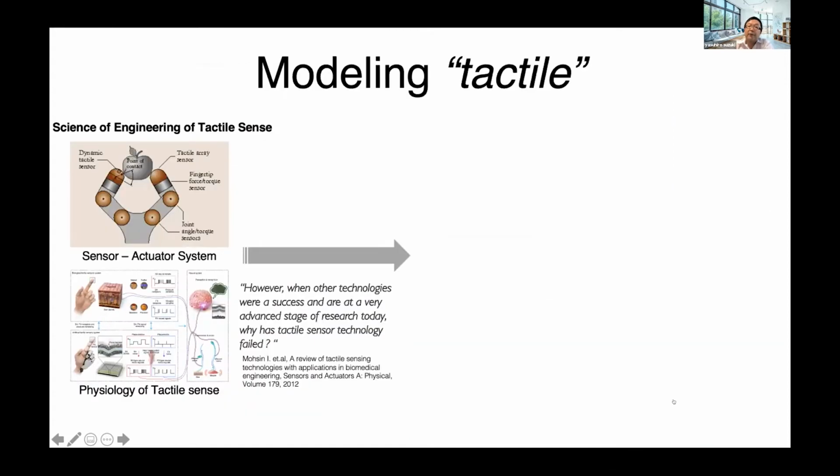So this is a brief review of this field, the science and engineering of tactile. I picked one paper, probably a famous summary because I found it in Google Scholar. The citation count is over 700, so everyone cites this summary. The summary says techniques of tactile have been delayed compared to other techniques.